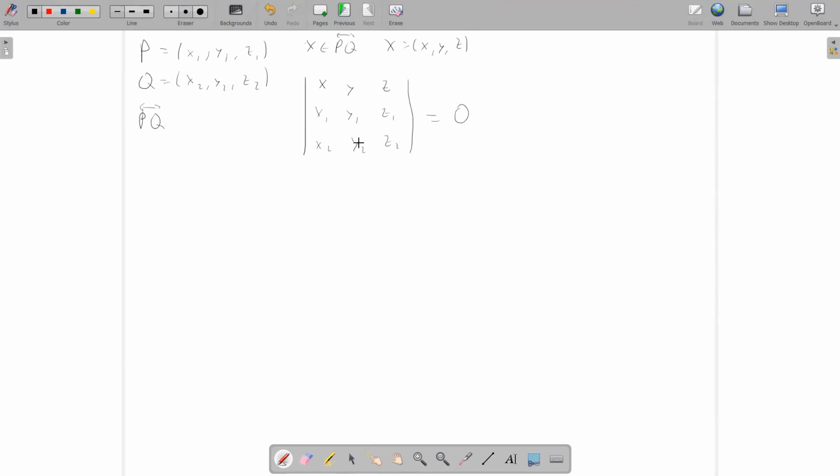And now if we expand this determinant by minors along this row, you see that x times this determinant minus y times this, plus z times this.